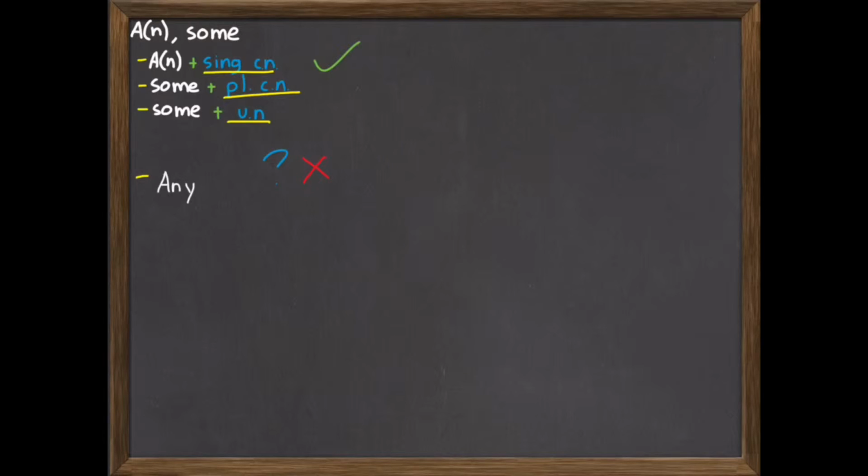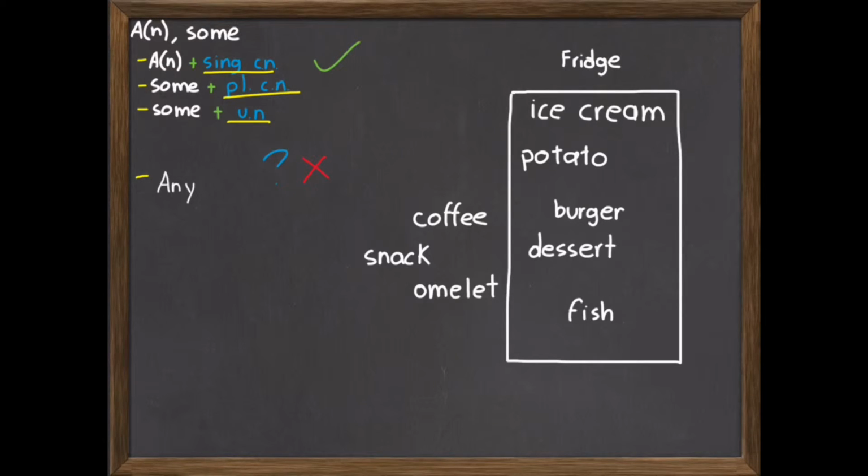Let's look at some examples right here. So let's imagine this white box is a fridge. What's in the fridge? There's some ice cream, there is a potato, there is a burger.